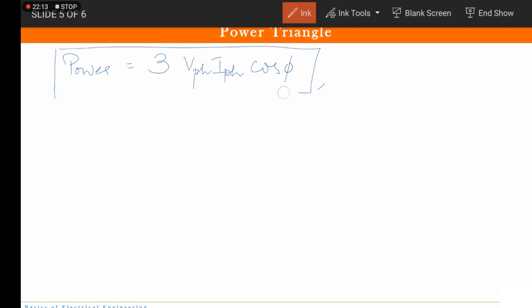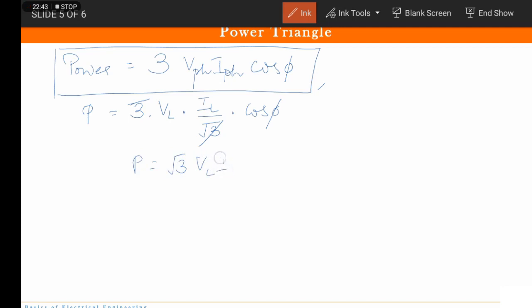Again, this is important, but if we want to calculate the power with respect to line voltage and line current, in delta connection phase voltage is same as line voltage, but phase current is not same as line current, isn't it? So we will put this value into cos phi. So this root 3 gets cancelled by this root 3 here, right? So my power equation becomes root 3 times VL IL cos phi.